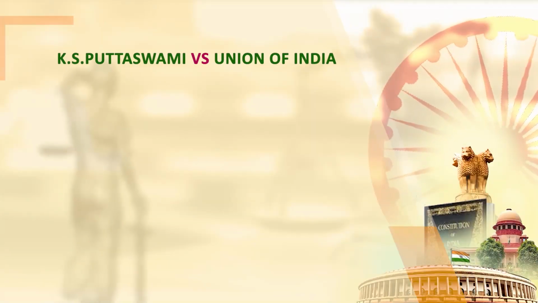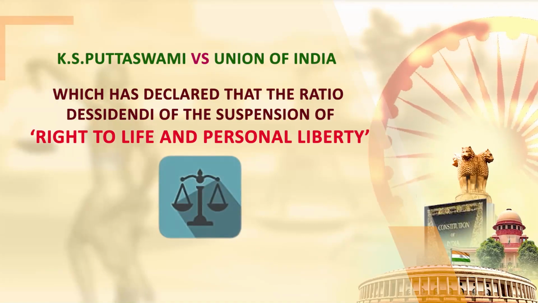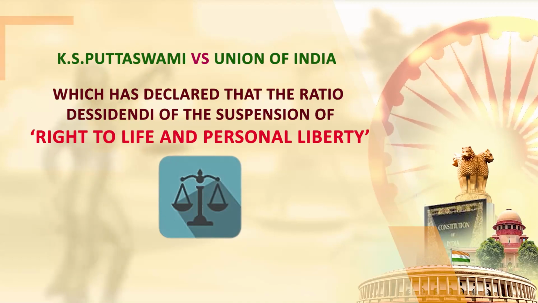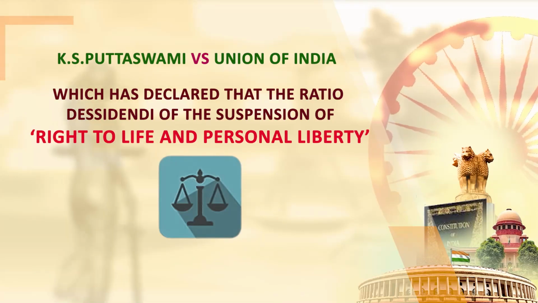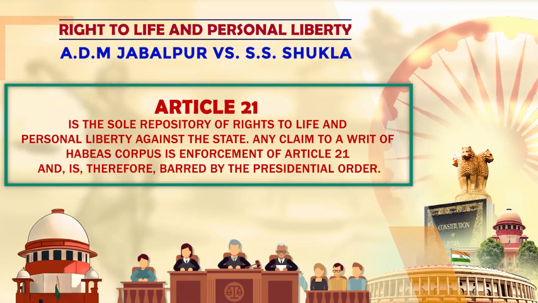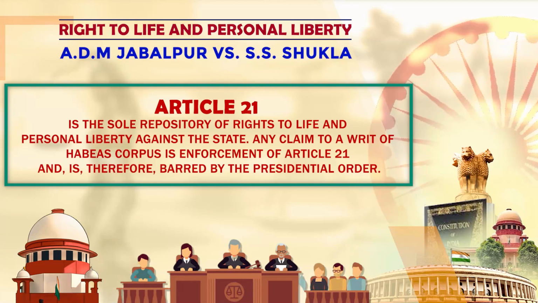In K.S. Puttaswamy versus Union of India, a 9-judge constitution bench says that the ratio decidendi of that judgment, that the suspension of fundamental rights, basically the right to life and personal liberty, is absolutely wrong, and this 9-judge constitution bench decision has technically overruled the ratio decidendi of ADM Jabalpur versus S.S. Shukla.